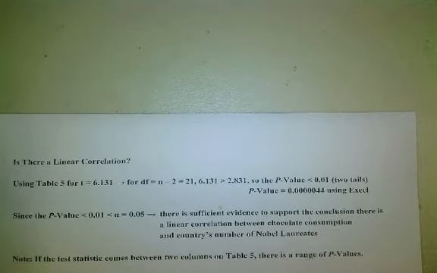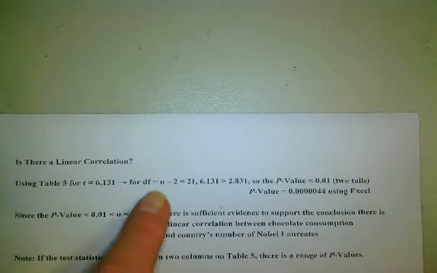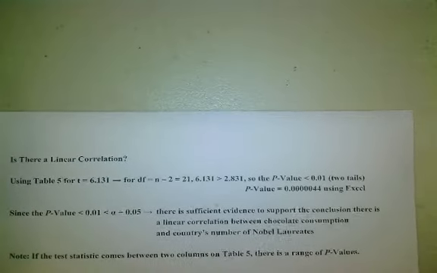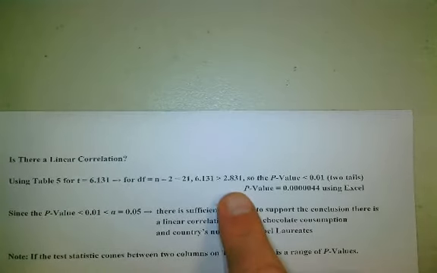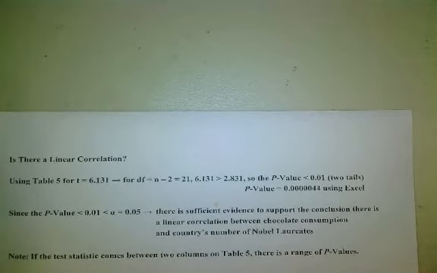So using table 5, and again table 5 goes with t distribution, we have t 6.131 for the degrees of freedom n minus 2. So 23 minus 2 gives us the 21. The 2.831 comes from the row 21.